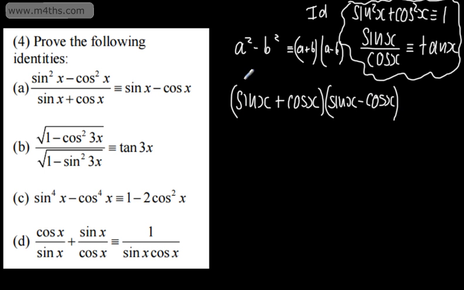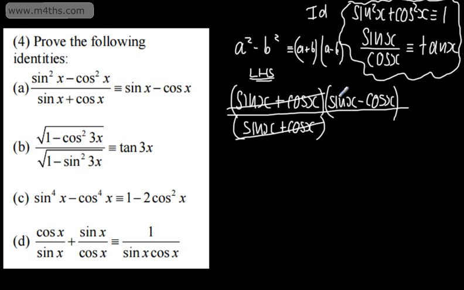So this is now the left-hand side. If you just want to state to the examiner we're dealing with the left-hand side, you can. We've got sine x plus cos x in the denominator. These will cancel off, and that just gives us sine x minus cos x as required.